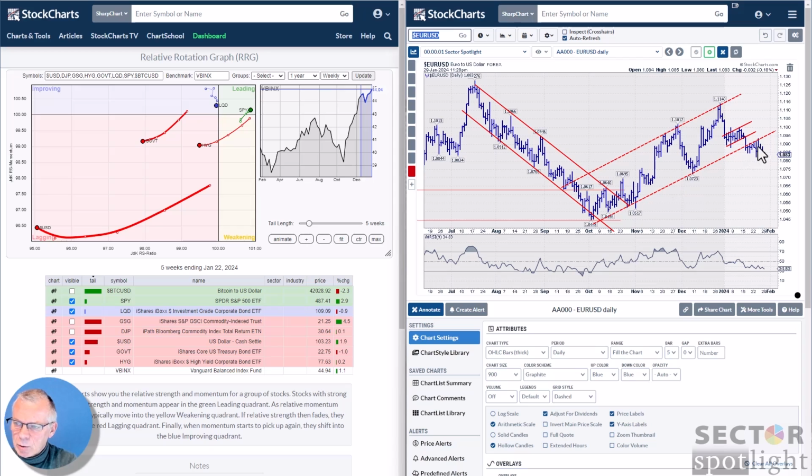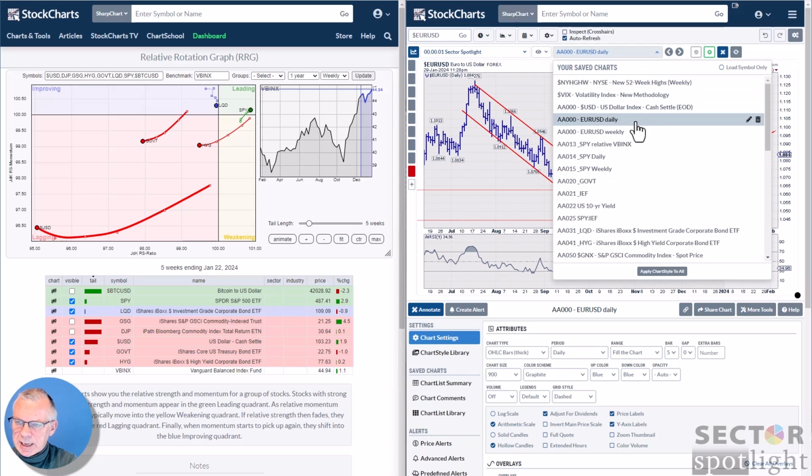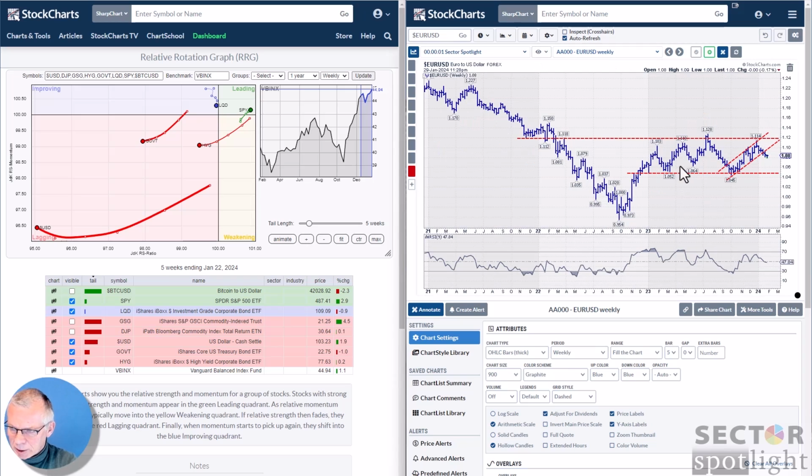You see how after that initial break, how beautifully that former support line acted as resistance, and we're now moving lower. And you can also see that on the weekly price chart for euro dollar, where it's dropping out of that trend channel.